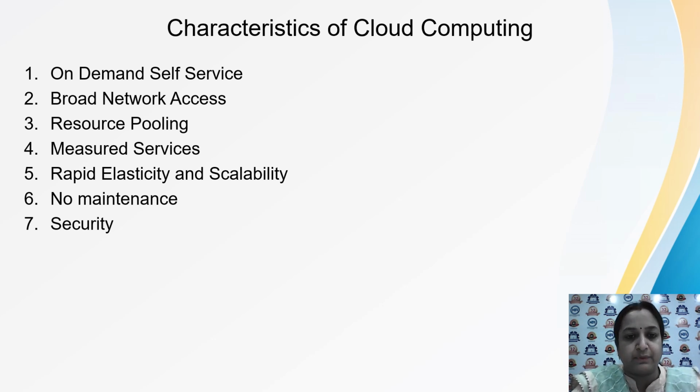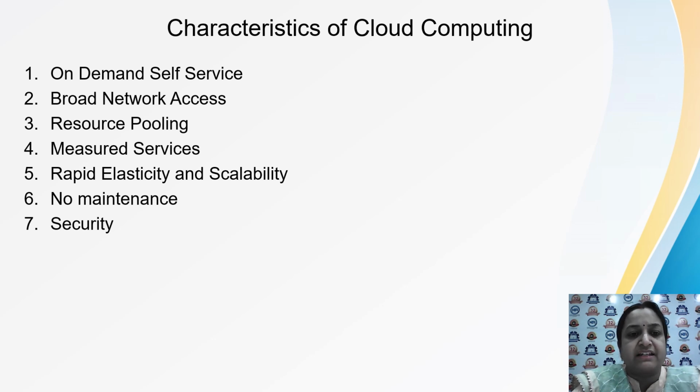Secondly, broad network access. Our computing should have broad network access and resource pooling. Various resources are shared, resources like the CPU, storage, the memory or the RAM, etc. that various users may share during their communication or data processing.